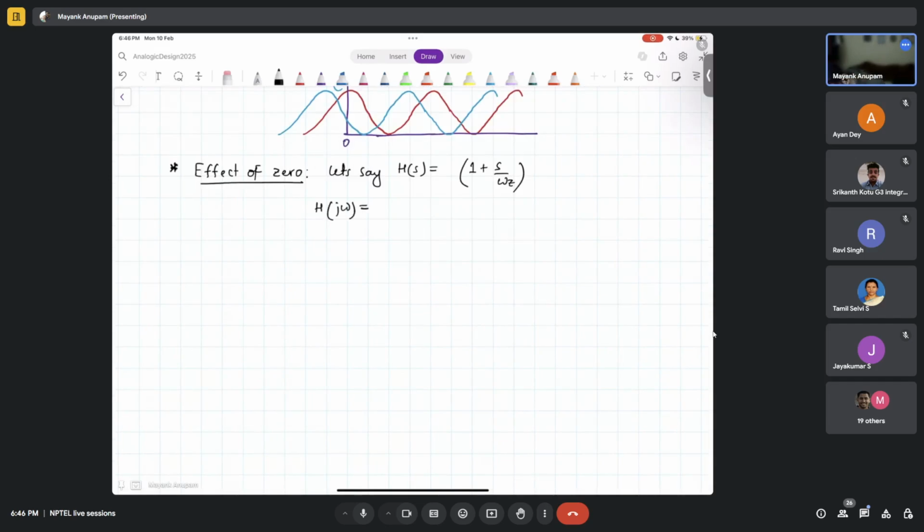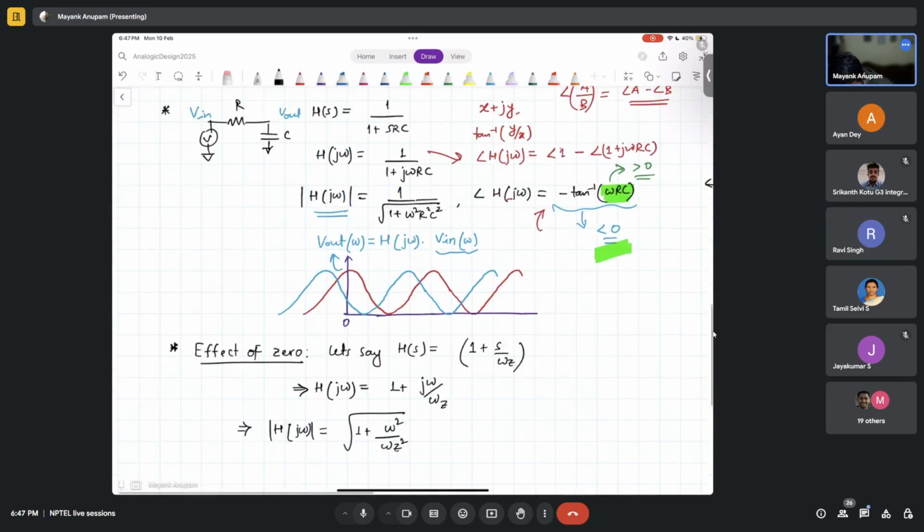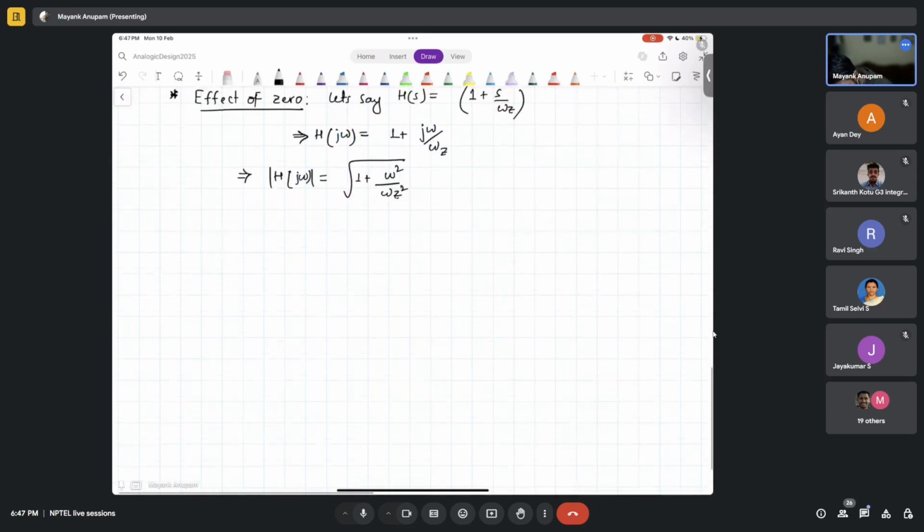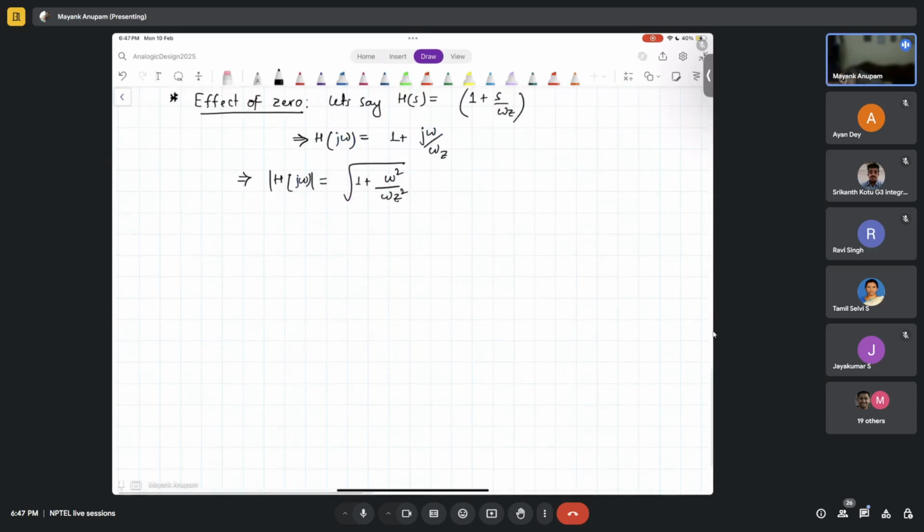It is 1 plus j omega by omega z, correct? And what is the mod of H of j omega? It is the square root of 1 plus (omega by omega z) whole squared.